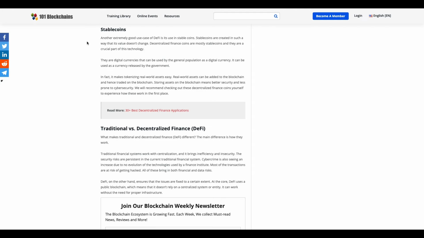If you have your stablecoins in a cold storage wallet, you own that money, and nothing like centralized finance will be able to take control of that. It's more trustless and more transparent. So that's another thing to think about when it comes to stablecoins.